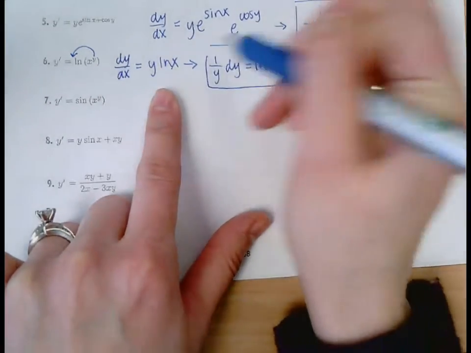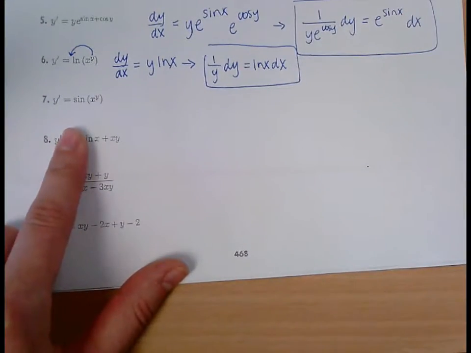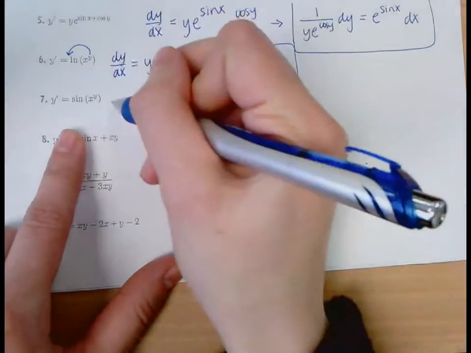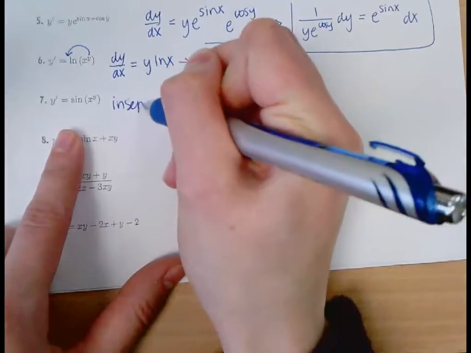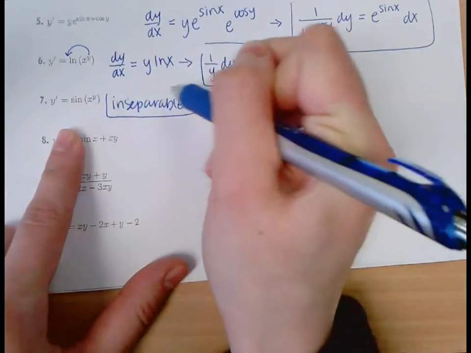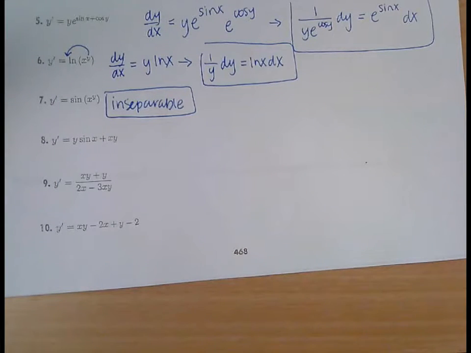So that's 6. They're trying to get you to think that you can do the same thing for number 7, but you cannot do that with trig functions. So 7 is actually one that's inseparable. You cannot rewrite that, so there's no way to separate the x and the y.